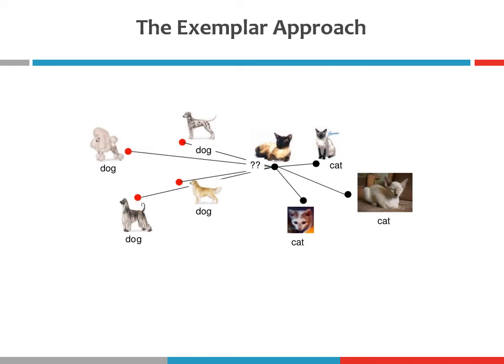So if a person, for example, has encountered sparrows, robins, and blue jays in the past, each of these would be an exemplar for the category birds, okay? And you would compare the new object to each of those types of birds, okay? And a lot of the same phenomena that we used the prototype approach to explain can also be explained using this exemplar approach.